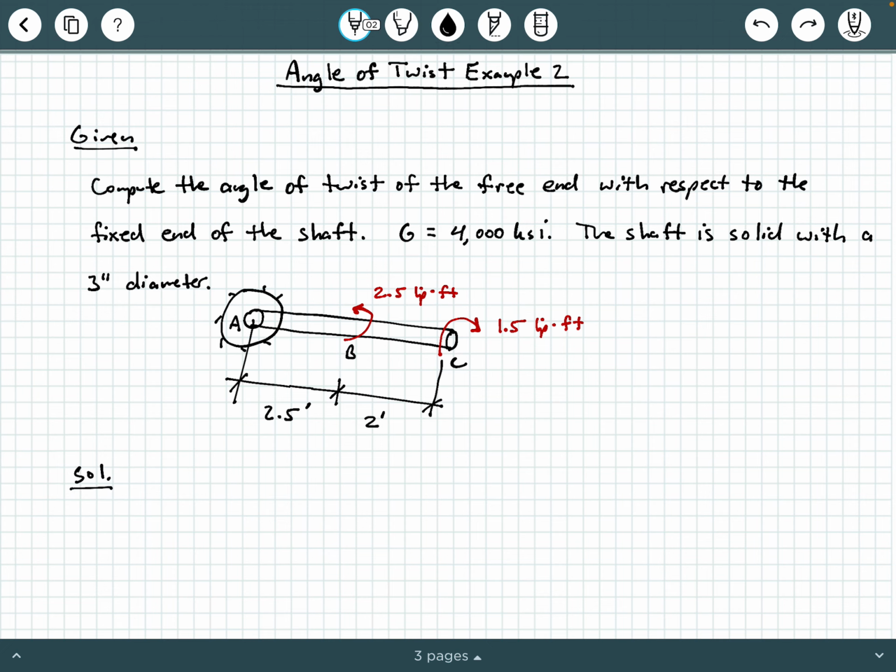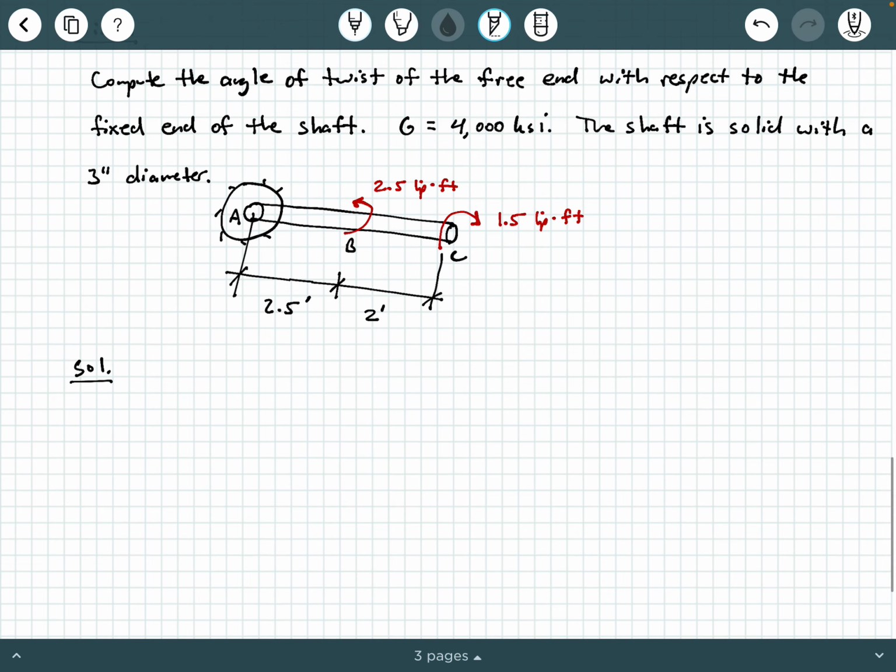The first thing we notice is that we have two segments of this shaft where we have constant properties, and we have an abrupt change at point B. So what we would use here is the summation version of the angle of twist equation.